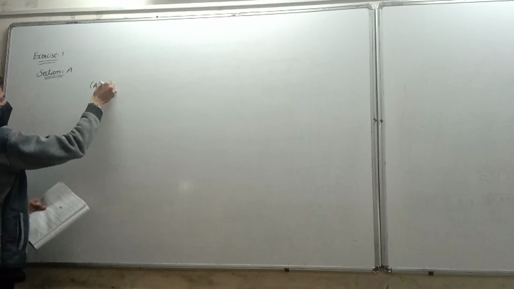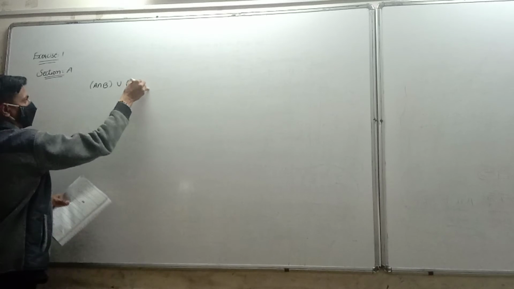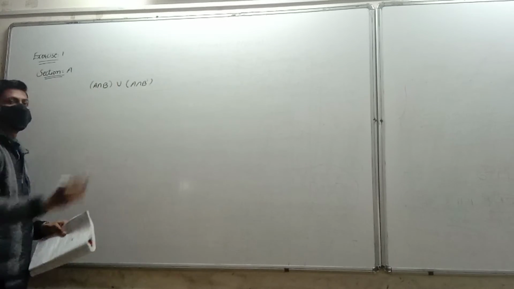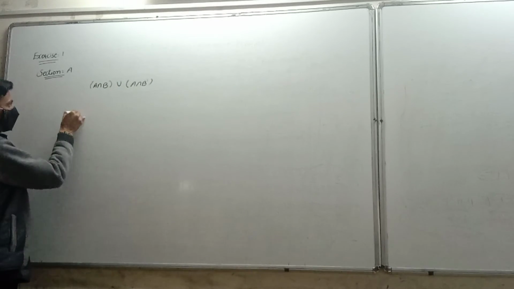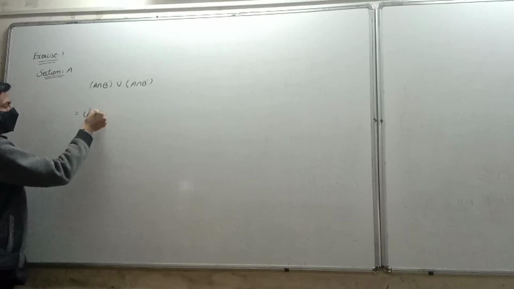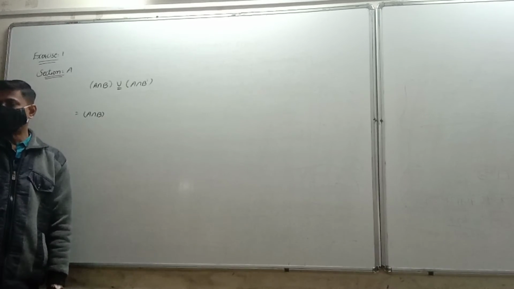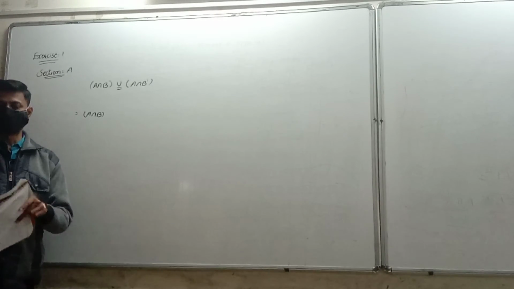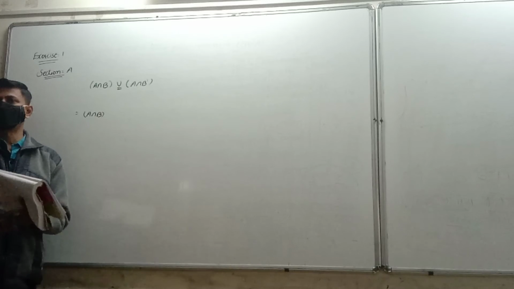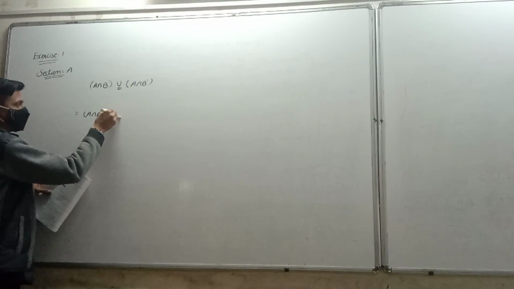A intersection B union A intersection B dash. Here first of all write down A intersection B. चलो union means addition, intersection means multiplication. ऐसा मैंने राइट करवाया था, याद हो तो आपको. Union means addition.